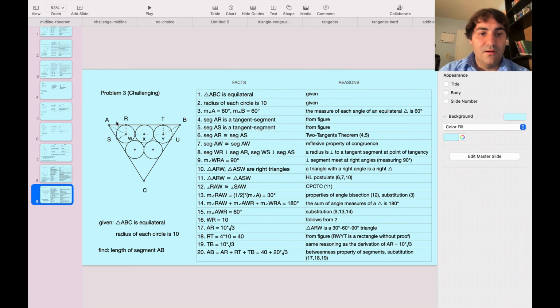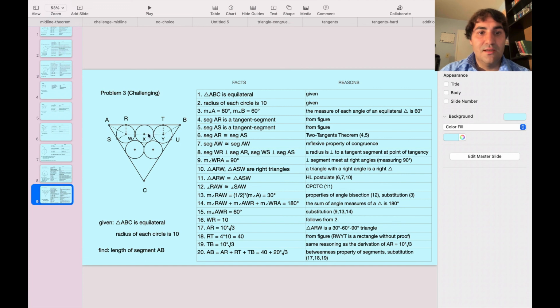We know AR is already this quantity. Now we have to find what RT is. I'm not going to go into detail with this. Just look at the figure, and we can accept that this is a rectangle. I'm not going to include the proof. So the length of RT is going to be equal to the length of WY, and we can just add these radii together. There are 1, 2, 3, 4 radii, because all these circles have the same radius.